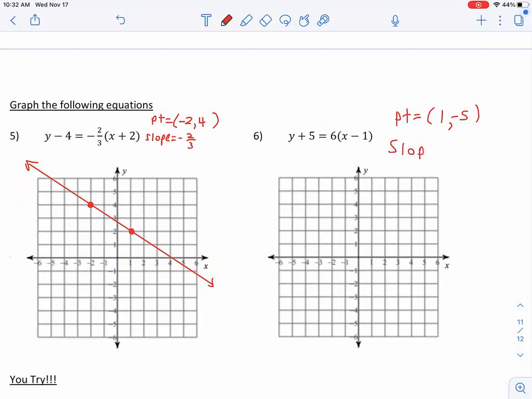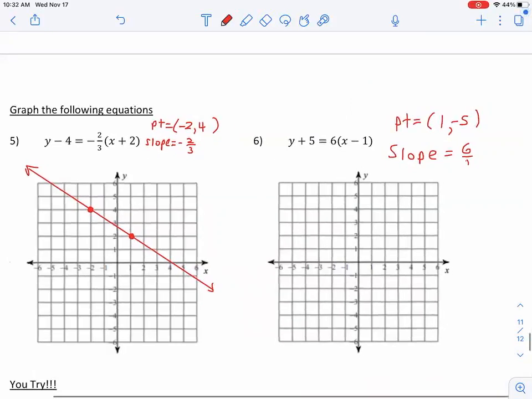And our slope is 6, which I'm going to write as 6/1, just so it helps me remember I'm going to go up 6 and over 1, okay? So let's graph the point first. So 1, -5 is down here.